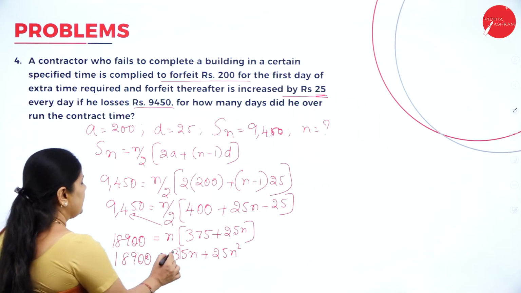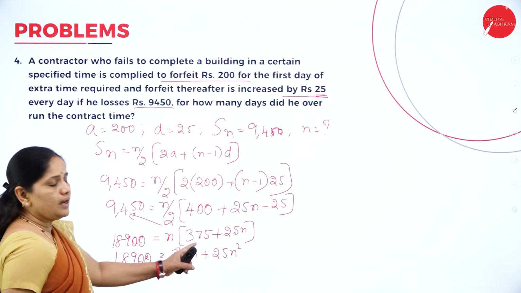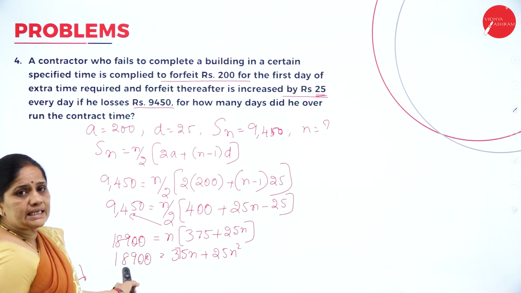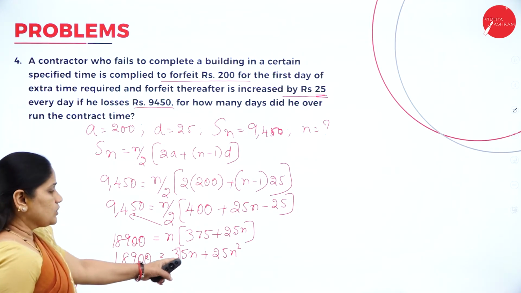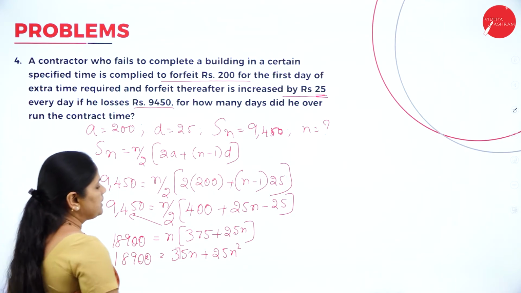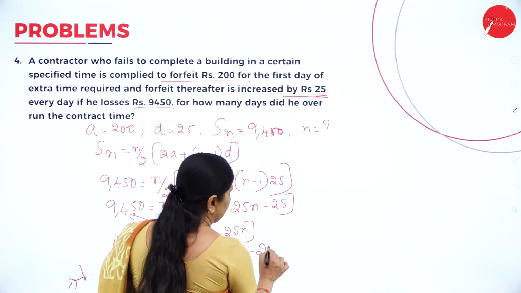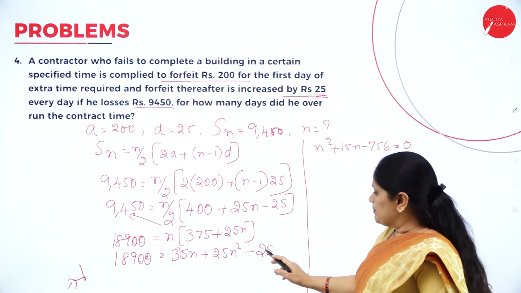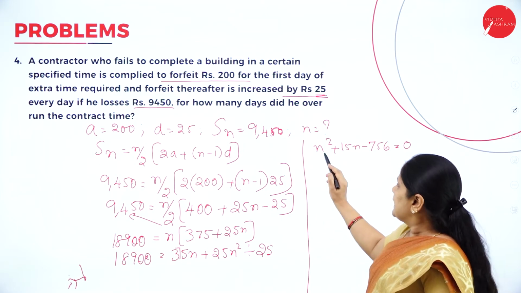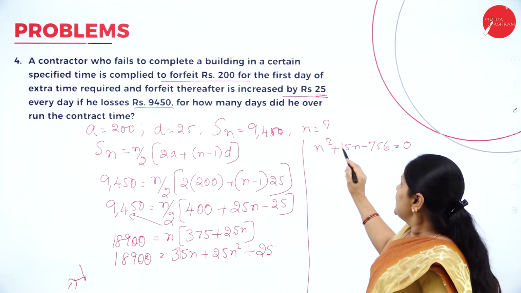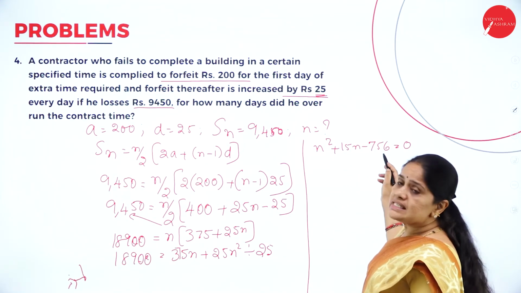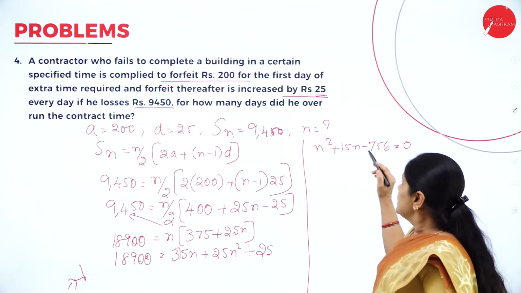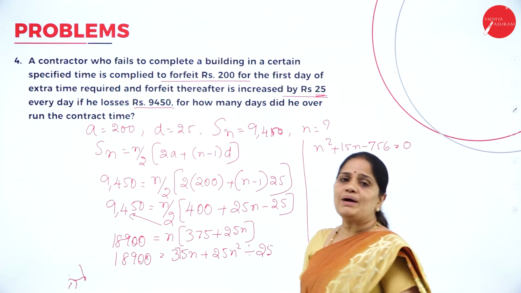Okay, so 375N plus 25N square equals 18,900. Now the whole equation I am dividing by 25. So when I divide this entire equation by 25, I get N square plus 15N minus 756 equals 0.